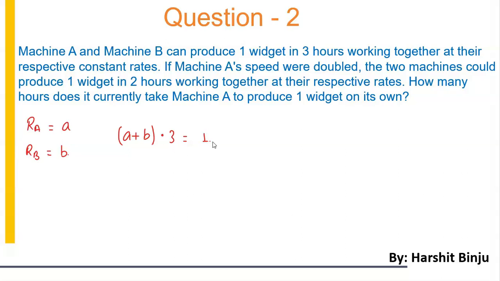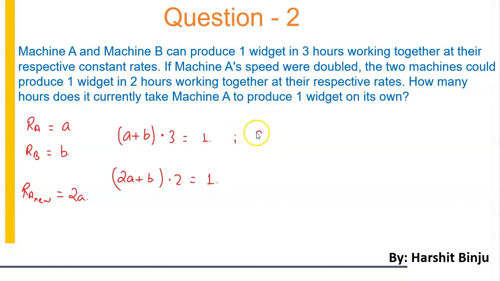If machine A's speed were doubled, it will become 2a, so we can say that the new rate of A will be twice of a. The two machines could produce one widget in 2 hours, so it will be (2a plus b) into 2, equal to 1. Again, rate multiplied by time is equal to total work done.